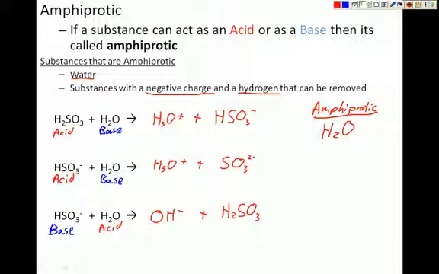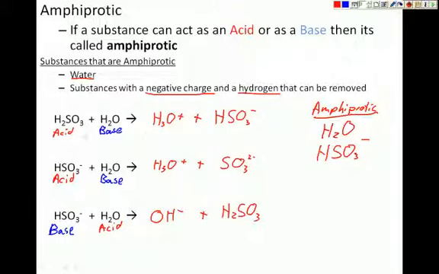Now, something else that can act like an acid and act like a base. Well, HSO3 minus can also act like an acid, and HSO3 minus can also act like a base. So HSO3 minus is also amphiprotic. Can act like an acid and can act like a base.